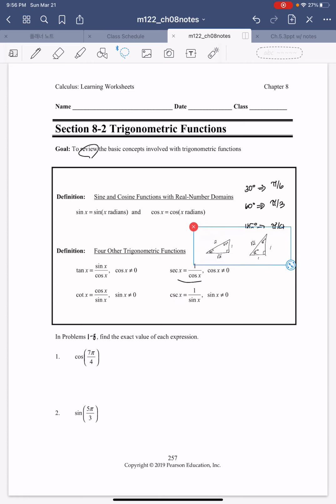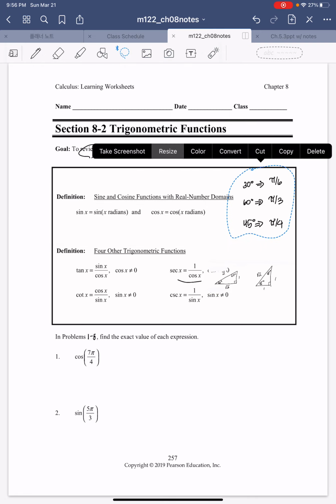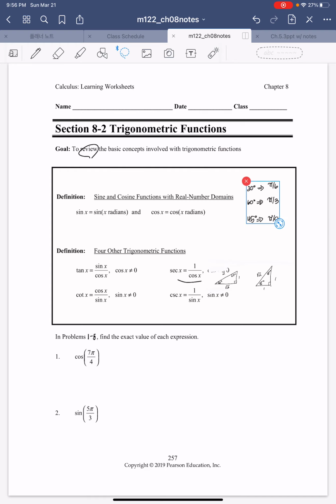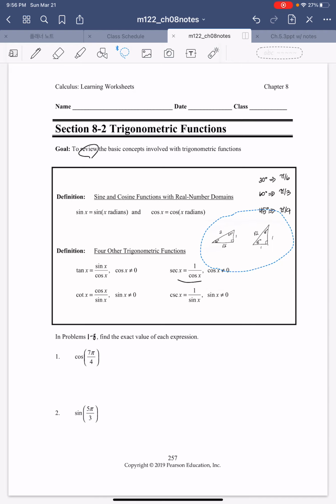Let me resize it a little and expand it. I'm just going to color code it. So 30 is pi over 6, 60 will be pi over 3, 45 will be pi over 4. So these are my triangles.